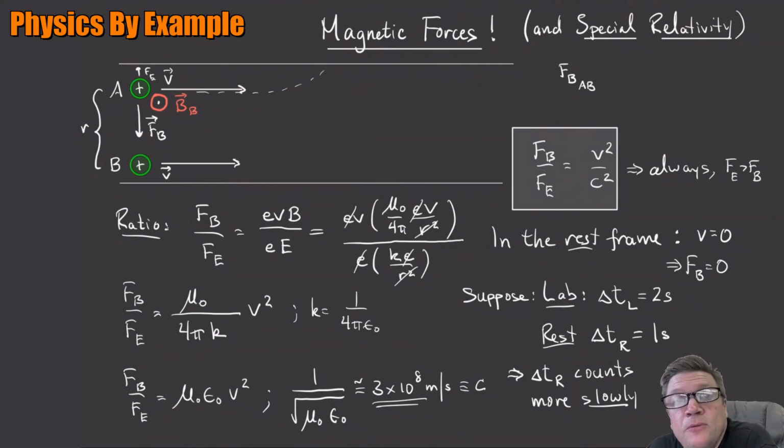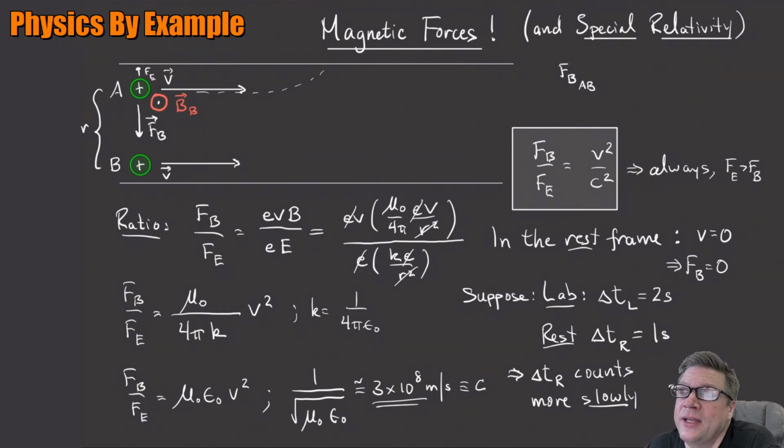And for those of you who've seen some special relativity, you might also know that the fields of moving charges are modified, and so you might think that we have to be a little bit more careful. But this is a general result because we did the ratio of the 2 forces, and what turns out to happen, again, we'll look at this more carefully when we do modern physics, is that the electric field is modified by the same factor as the magnetic field, so the ratio stays the same.